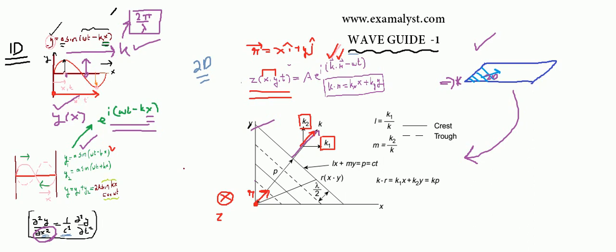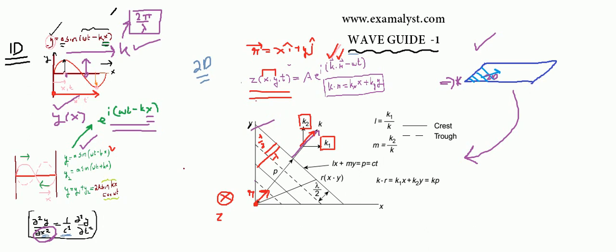Agreed? As I said, the dotted line represents the trough and the full line represents the crest. So the distance between any dotted line and the crest is actually lambda by 2, or you can say the distance between any two full lines, that is any two crests, is the wavelength lambda.